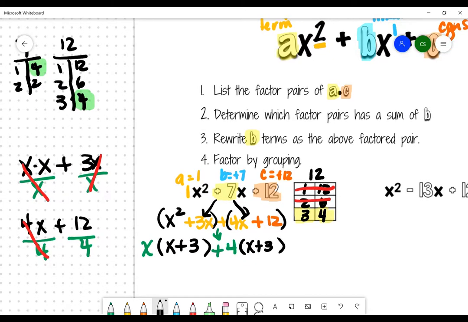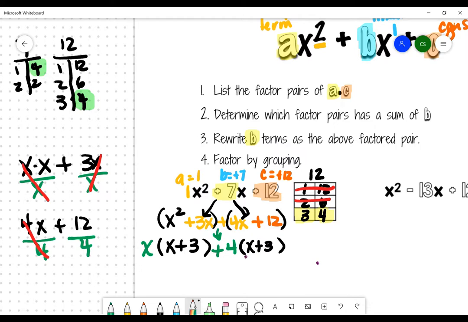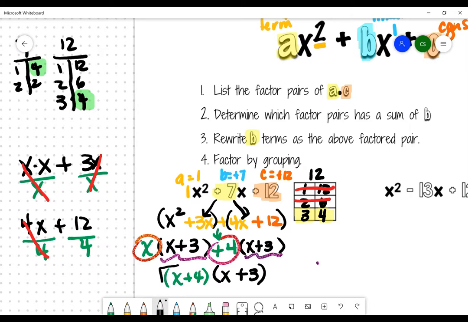If you notice, I have twins. That means my twin gets a binomial, and what is left over gets a binomial. And this is the factored form of x squared plus 7x plus 12.